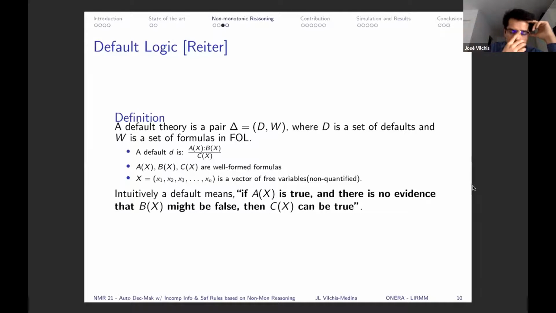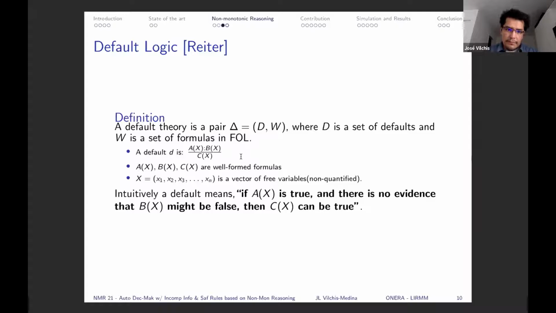And the formal definition from Reiter: he defined the default theory, Delta, that embeds two sets, a set of defaults D and a set W, which means defaults is everything that is not known, and W is everything that is known and is represented as first order formulas.